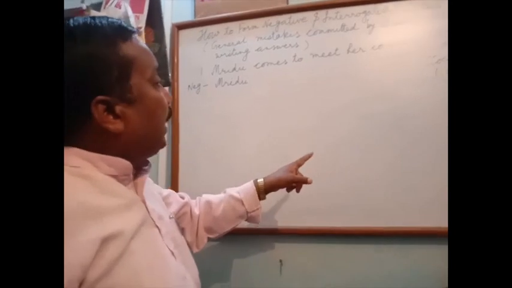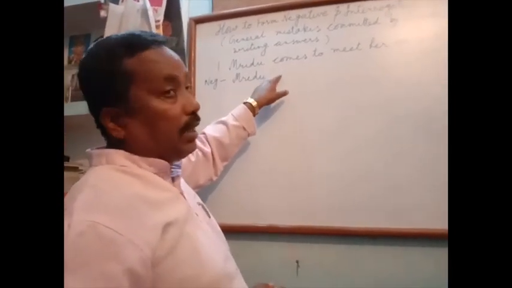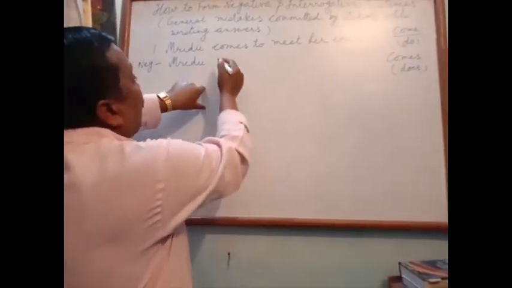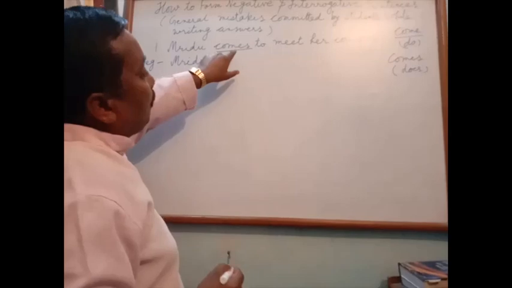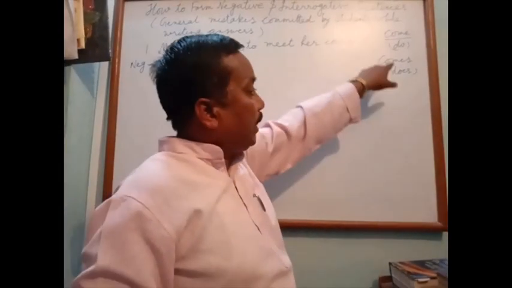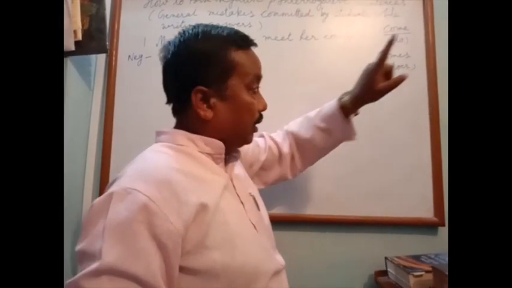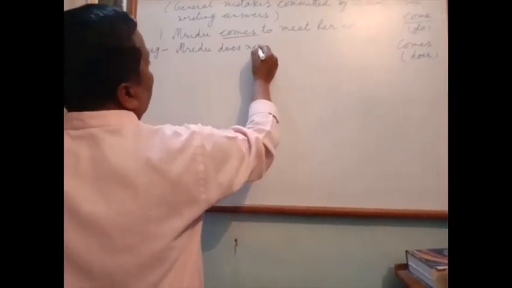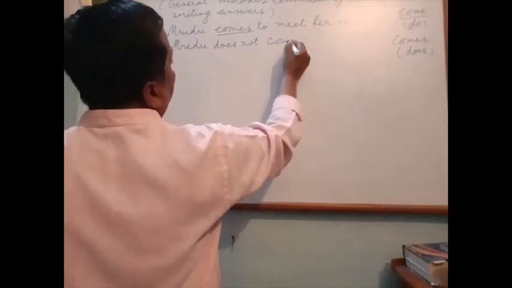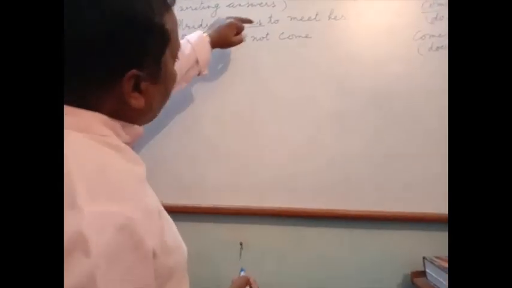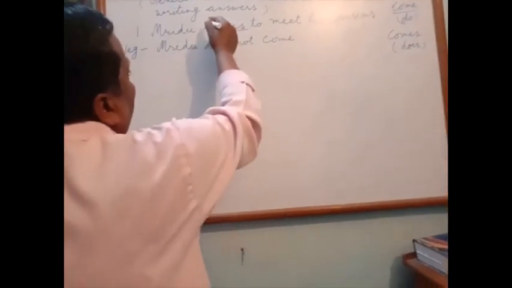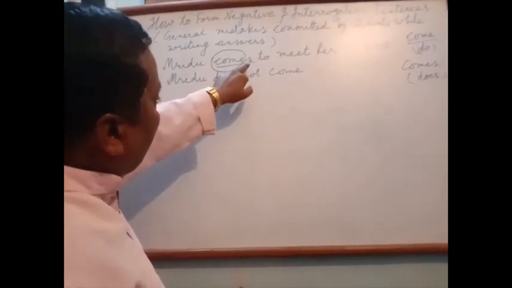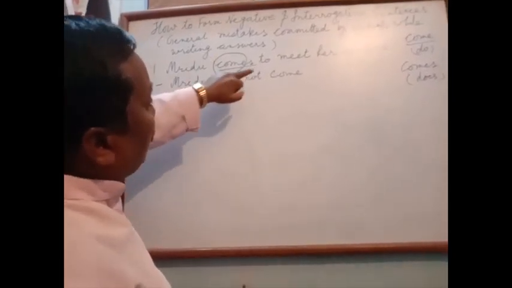And we well know that if we have to form a negative sentence, we must use a helping verb. So here the verb is comes. Mark it. Comes. So what is the helping verb here? Hidden, does. Mridu does not come. So if we have taken does, only come remains, because the s form is taken out from the word comes.